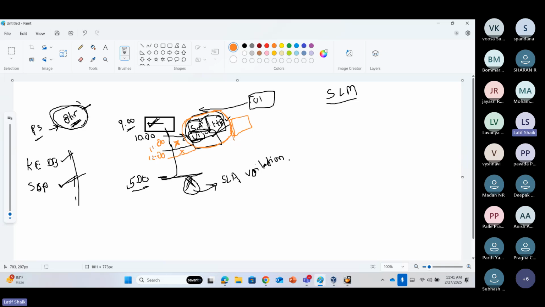Still they have not completed your request. 1 o'clock, 2 o'clock, 3 o'clock, 4 o'clock, 5 o'clock completed. Till now, nothing from that team. 5 o'clock completed, SLA violated.